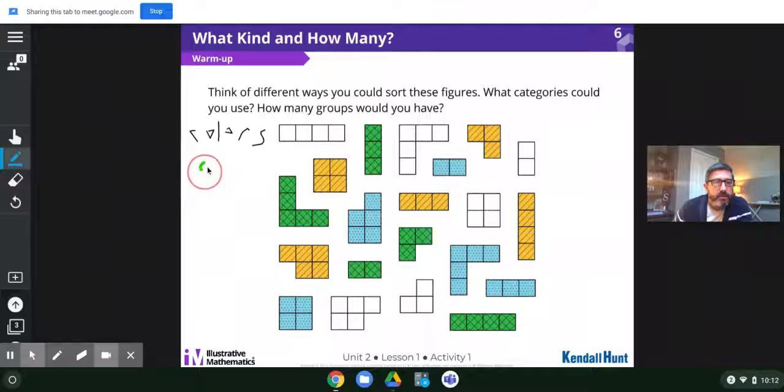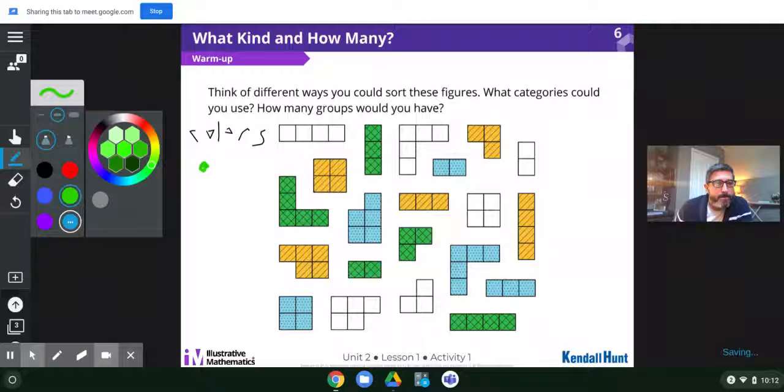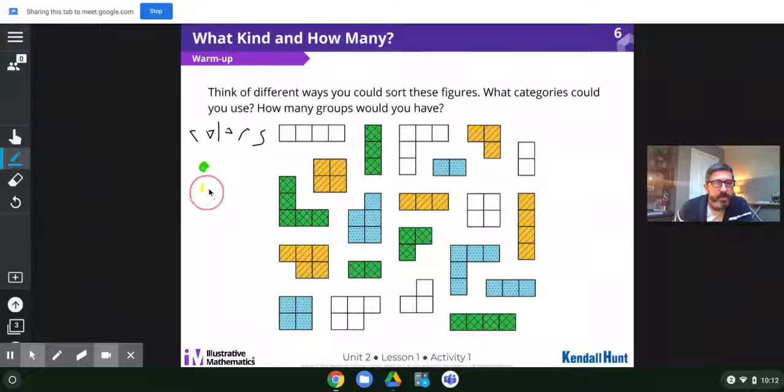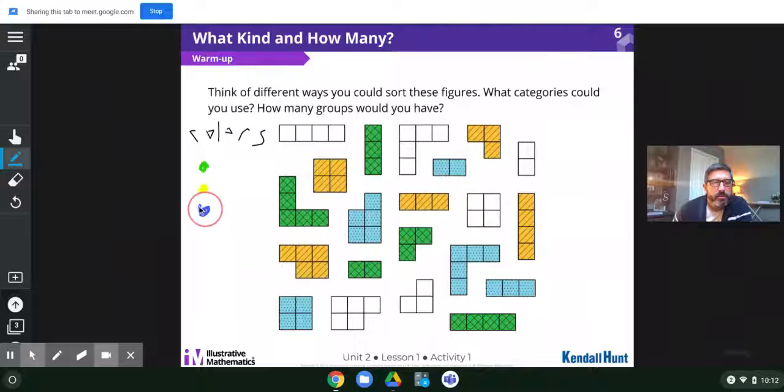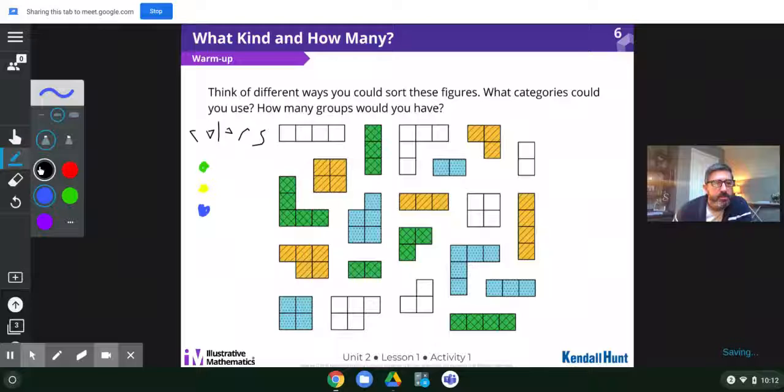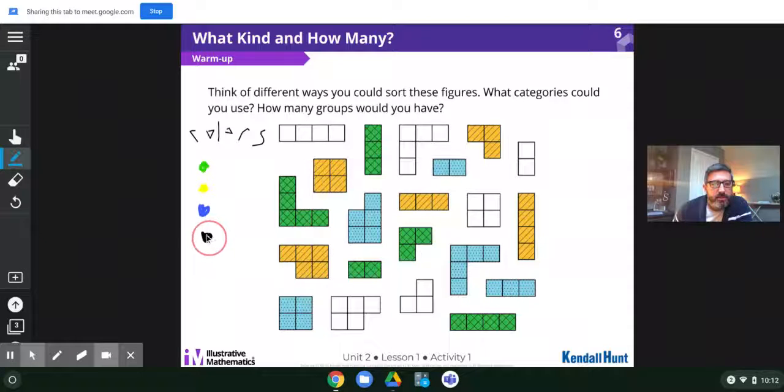We've got green. We've got yellow. What is another color there? Blue. And what else? White. Now that's going to be hard to draw on a white background, so that black dot there is for white.